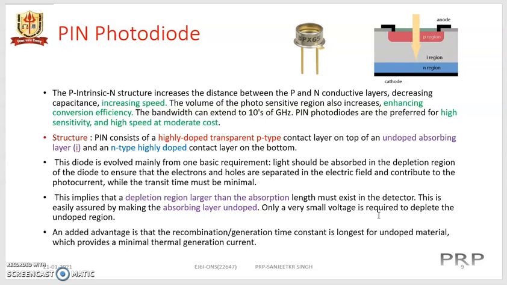Only a very small voltage is required to deplete the undoped region. So the biasing voltage required to separate the electron hole pairs and move them out of this I layer is very small. An added advantage is that the recombination or generation time constant is longest for undoped material, which provides a minimum thermal generation current.